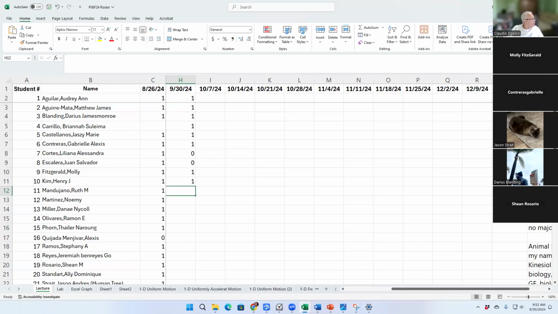I don't see Ruth here. Noemi Martinez. I don't see Noemi either. Next is Danae Miller. Hello, Danae, are you there? I see Danae in my roster here, but I don't hear from Danae.